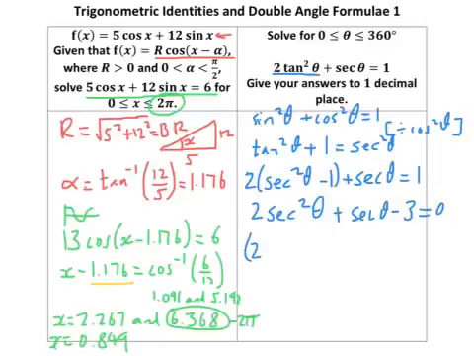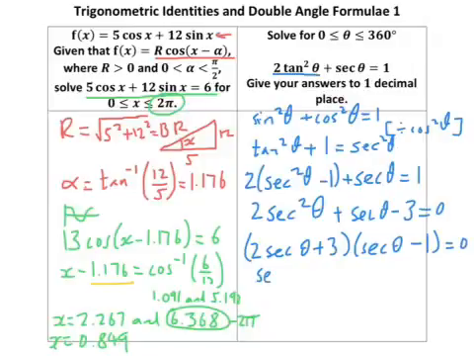I'm then going to factorise: I should end up with sec theta minus 1 and 2 sec theta plus 3 equals 0. So sec theta equals 1 and sec theta equals minus 3 over 2.